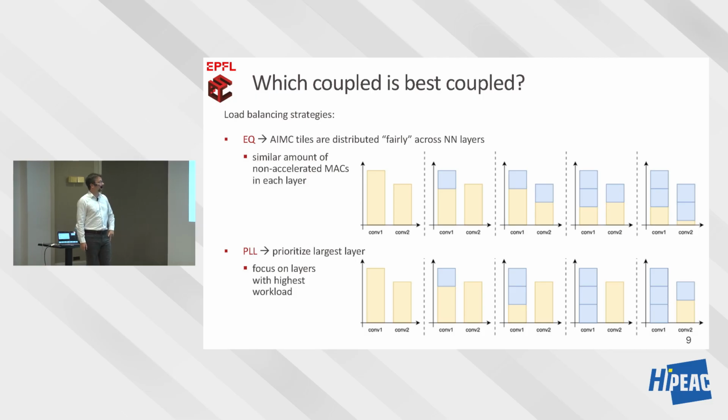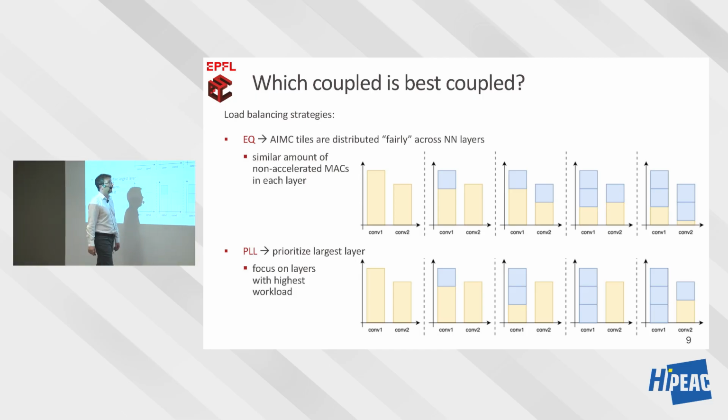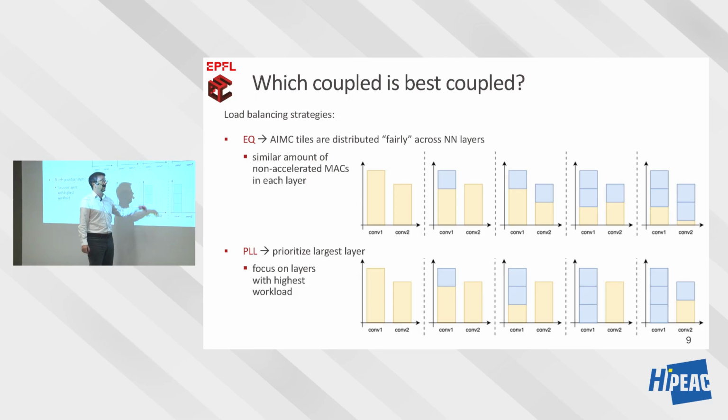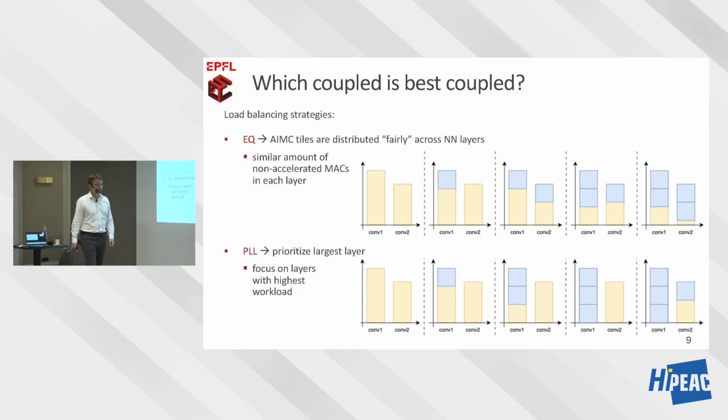We experimented with two different heuristics. One is a heuristic in which we try to distribute equally the accelerator resources among the different layers, and one in which instead we try to cover the biggest layers with accelerators before going to the next layers.